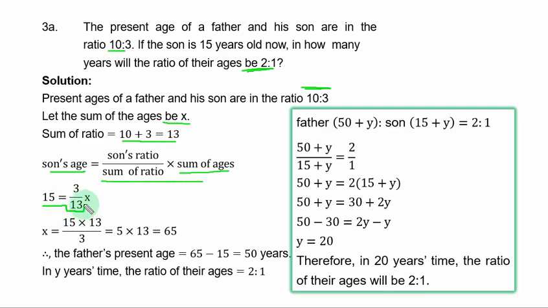If you make s the subject, you multiply through by 13 first, and you have 15 times 13 equal to 3s. Divide through by 3, s is equal to 5 times 13. You have 65. So therefore the father's age is 65 minus 15, and that is 50 years.